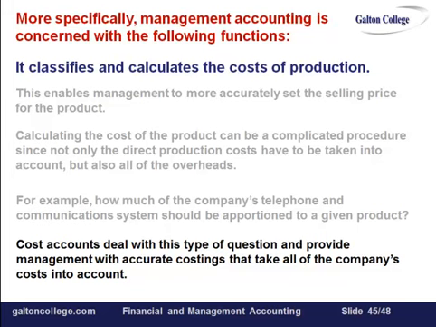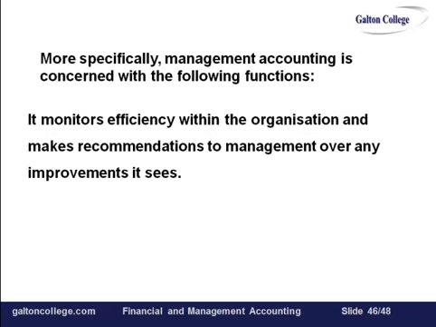So, management accounting is concerned with the following functions. It monitors efficiency within the organisation and makes recommendations to management over any improvements it sees. It compiles budgets. This enables management to effectively control the business.